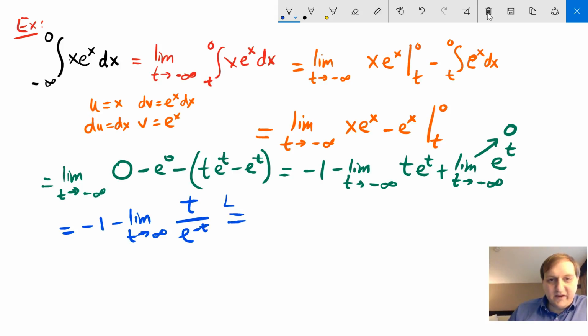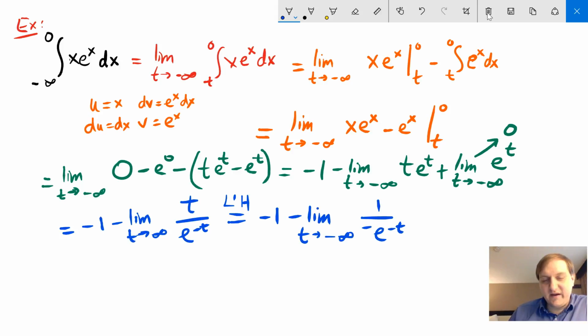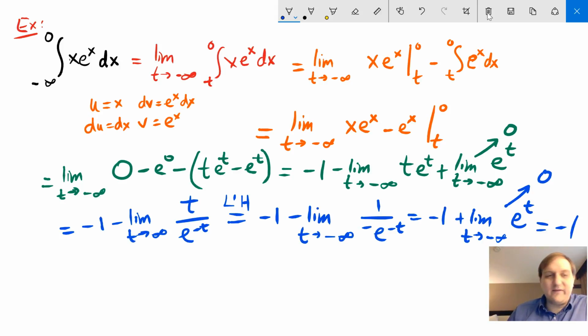Now I'm going to apply L'Hopital's rule. That's 1 over negative e to the negative t. So this is now negative 1 plus the limit as t goes to negative infinity of e to the t, which again goes to 0, and so I get negative 1 as my answer.